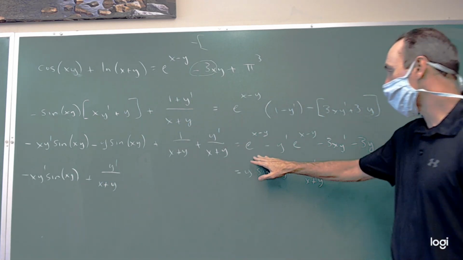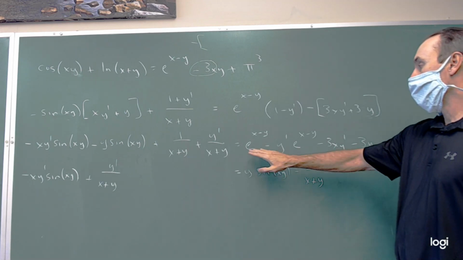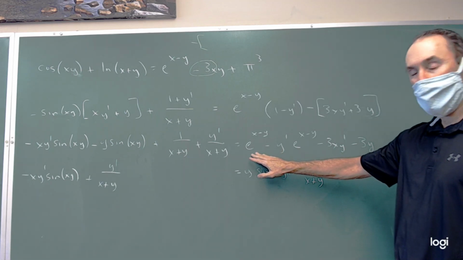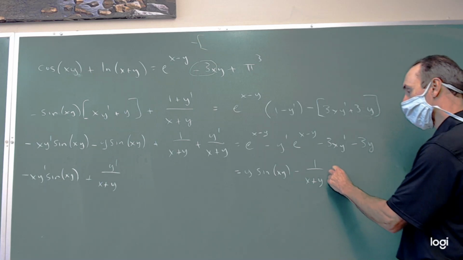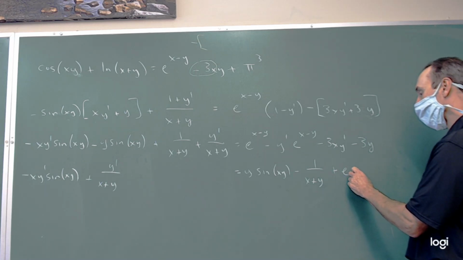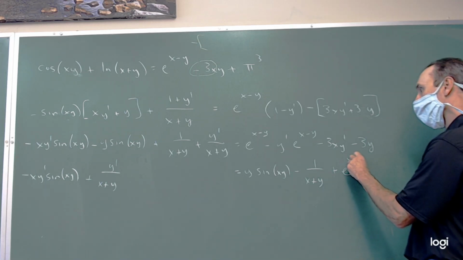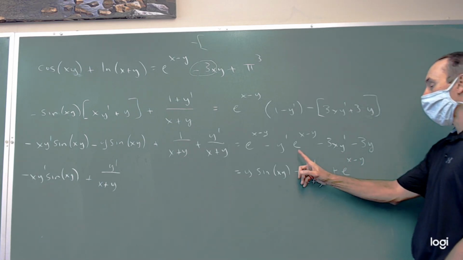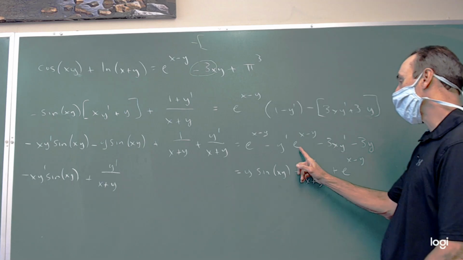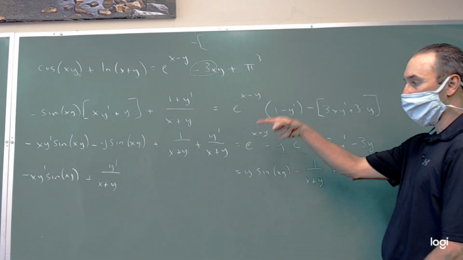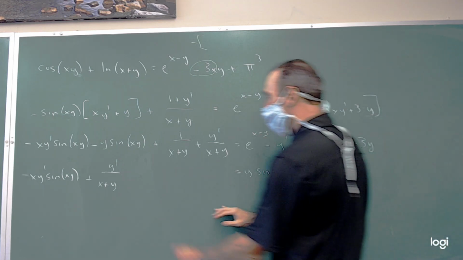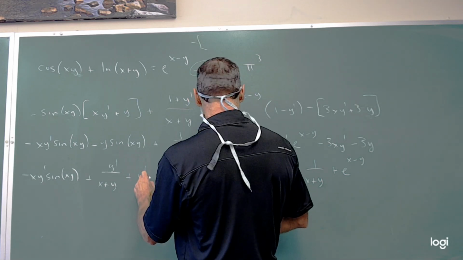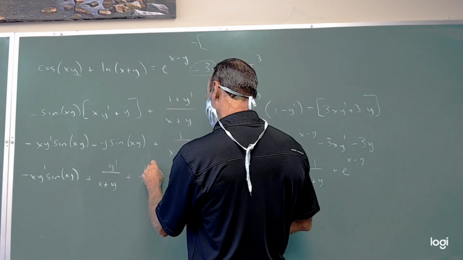Now I'm moving to the right side of the equal sign. E to the x minus y doesn't have a y prime, it's staying put on the right side. So that's going to be now plus e to the x minus y. Here's now a y prime term, a minus y prime e to the x minus y. We'll push it to the left side, so I'll add it over there. So it'll be a plus y prime e to the x minus y.